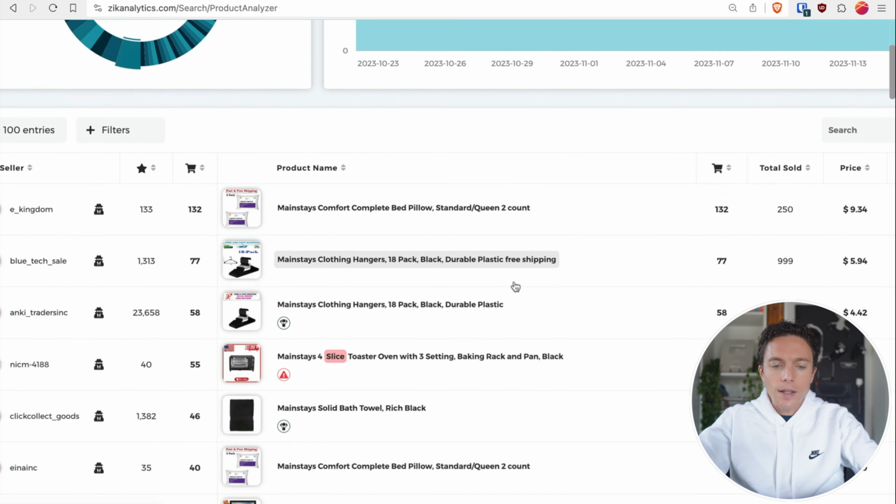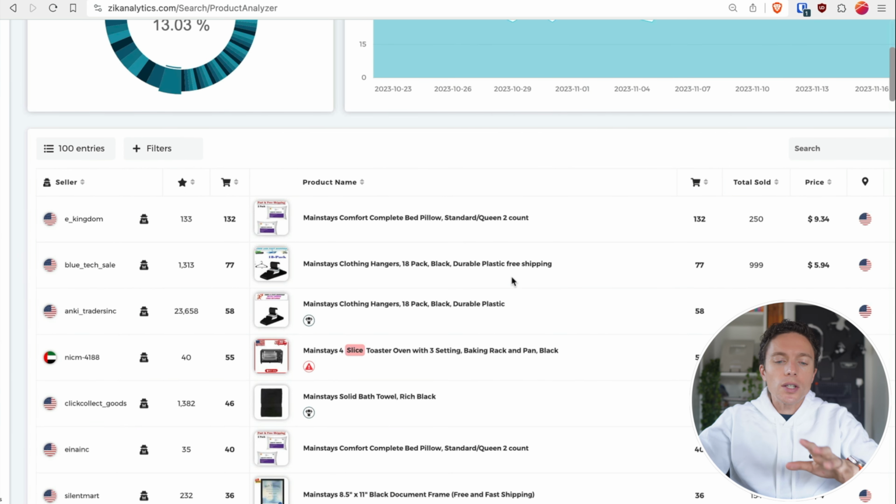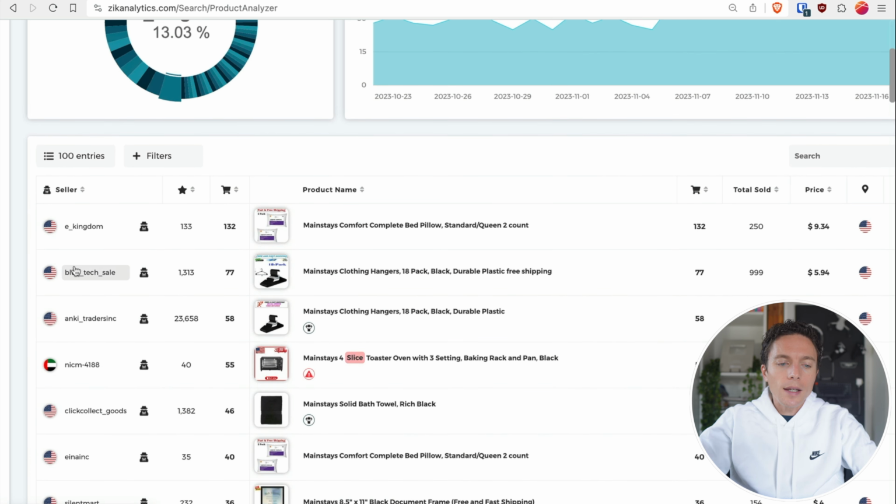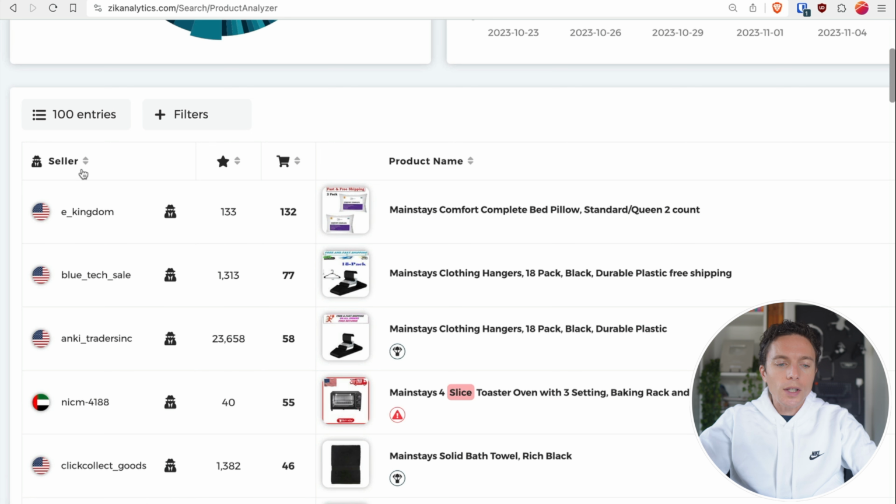So coming down here to the results, at this stage, I don't care about the products that show up here. All I'm looking for are people who are already drop shipping. Because if they're selling these mainstays products, they are a drop shipper. Here in this column, this shows us the dropshipper's store name. And this column right here tells us how much feedback they have.